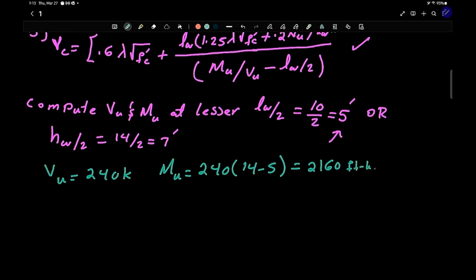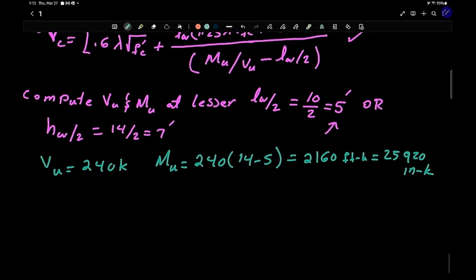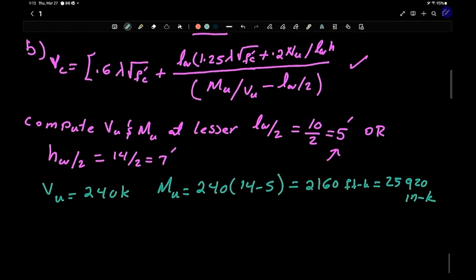Multiplying by 12, it becomes 25,920 inch kip. So now we're going to take this value and plug it right into here.